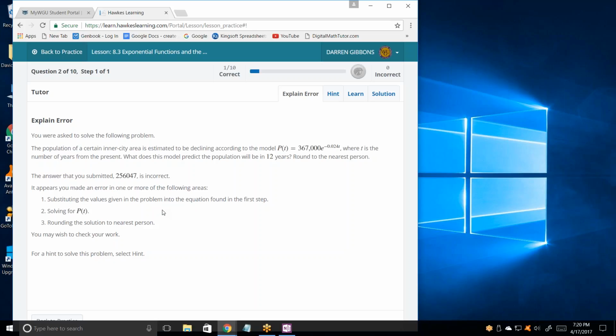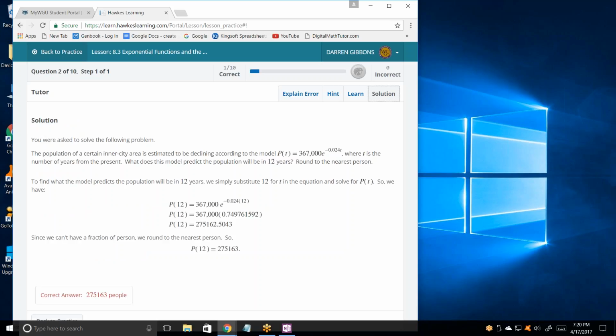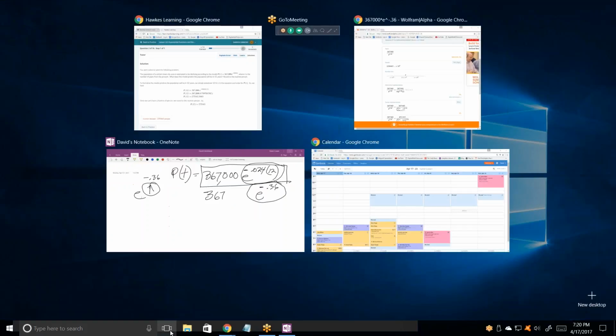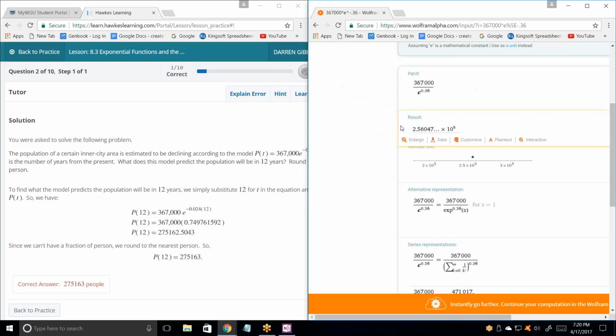Go to solution. Okay, it did exactly what I did. Interesting. Slightly. Hold on a second. It's a little different. Yeah, let me do this. Figure out why Wolfram Alpha is off.